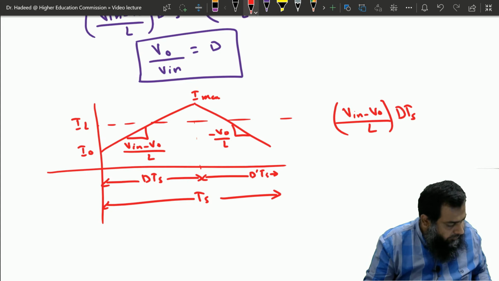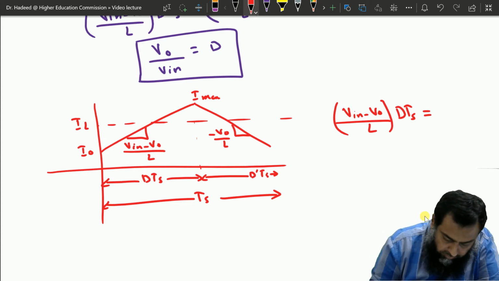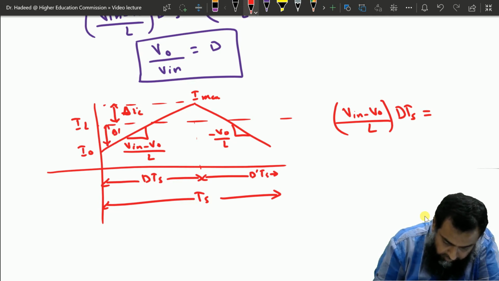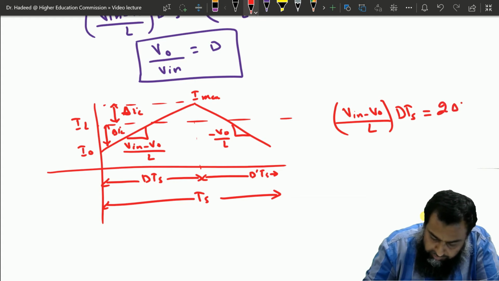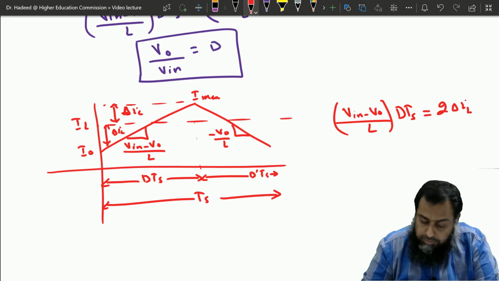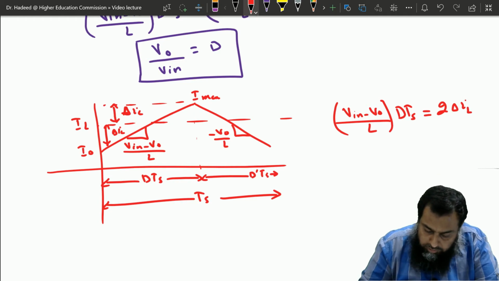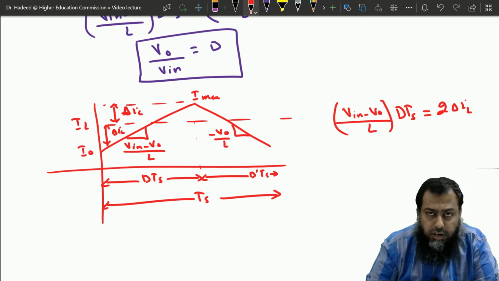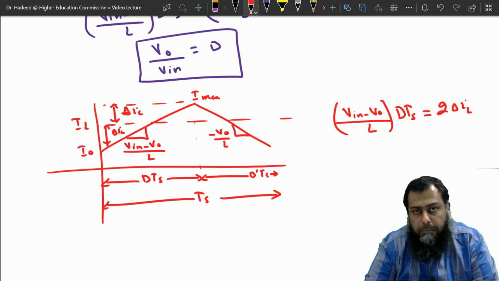This gives you a value which is equal to, let me first of all write this as, this is delta IL, and here we also have delta IL, that is equal to 2 times delta IL, right. So based on this particular equation, this is the net change in the inductor current, which is this slope times the dTs, for which the switch remains in that position number 1.